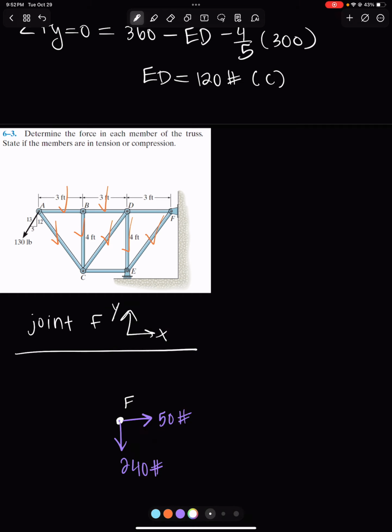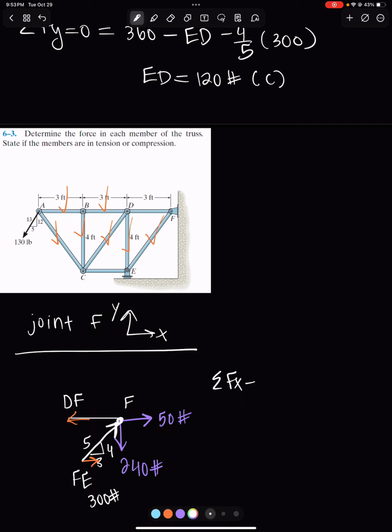We still have FE, which we found to be 300 pounds compressive, so it'll be compressing the joint. 3-4-5 slope triangle. And we also have one more member here, the one we're solving for, DF. You can see that both our horizontal components that we have so far are going to the right. So DF must go in the negative x direction.